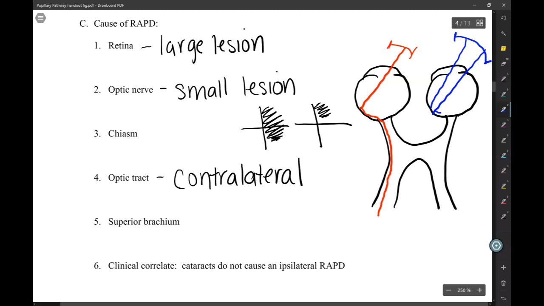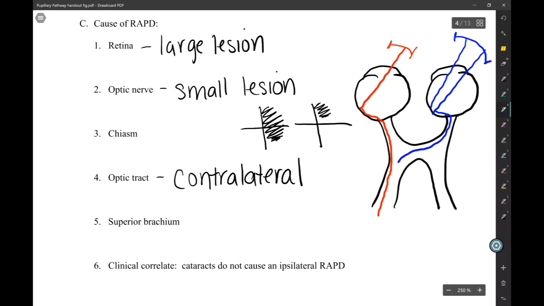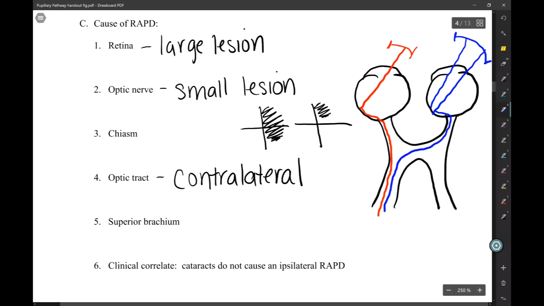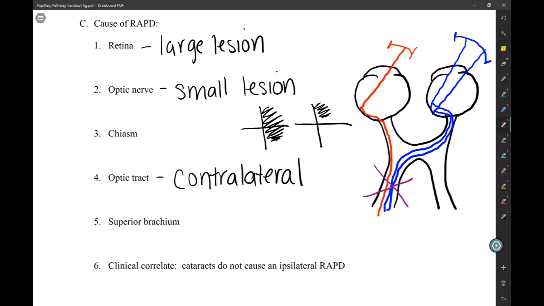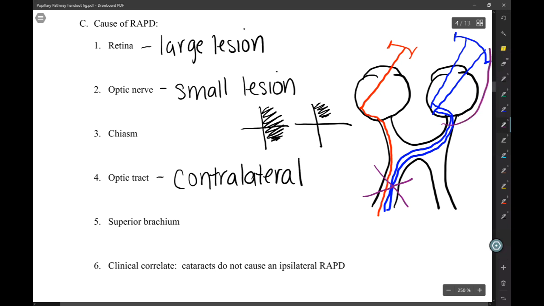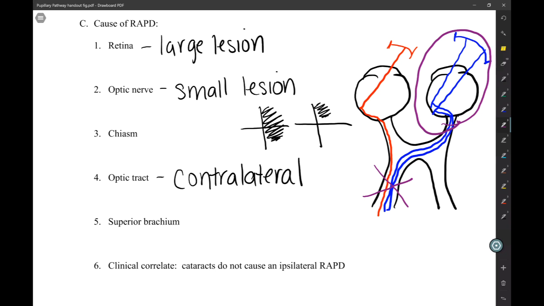So those fibers are going to come back through the optic nerve. They're going to cross over to the opposite optic tract. So if we have a lesion of the optic tract, there are more fibers in that optic tract from the contralateral eye. Therefore, you're going to get a relative afferent pupillary defect on the contralateral side.